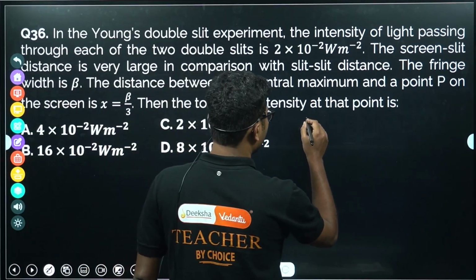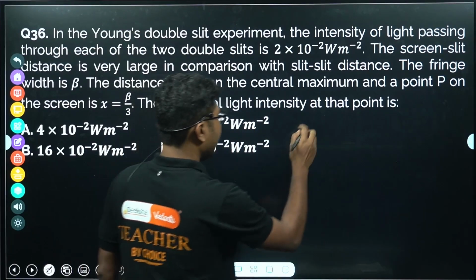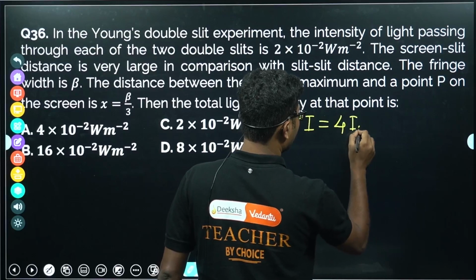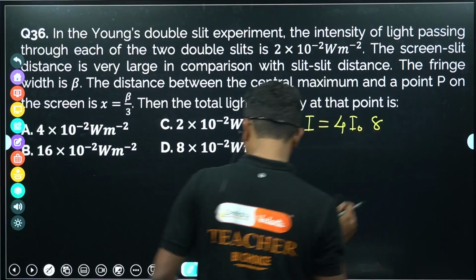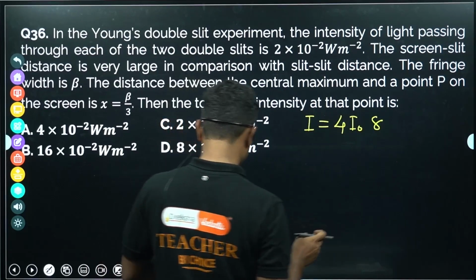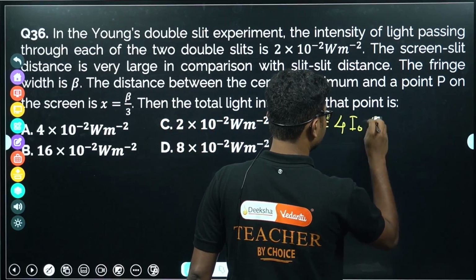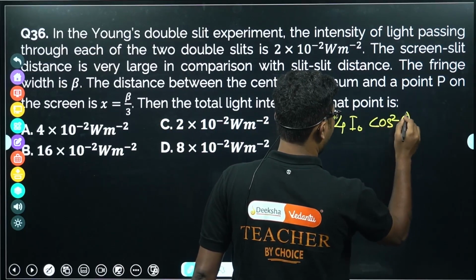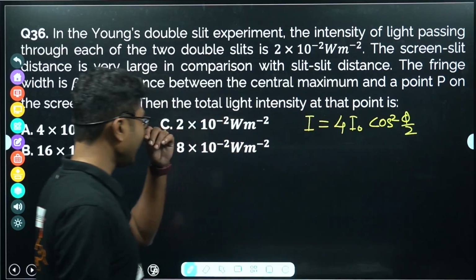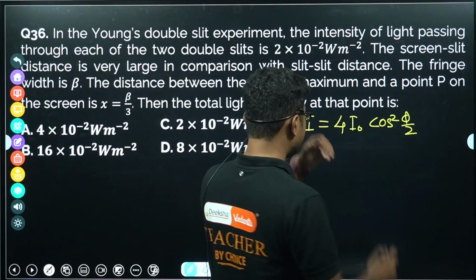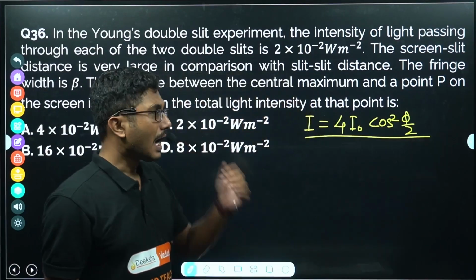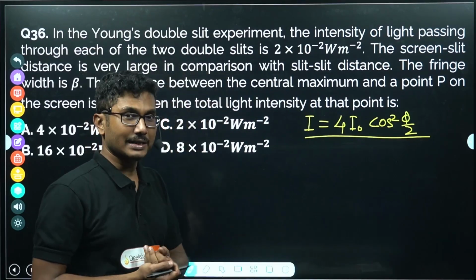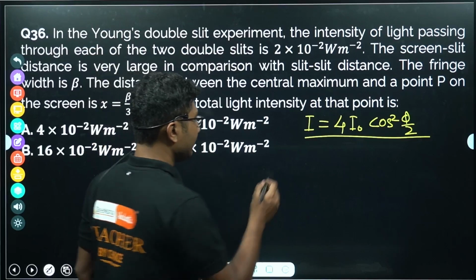We know that intensity is given by 4 I naught cos square phi by 2. Okay, so this is the formula that we are going to use. This formula is there in your syllabus, but how the phi is related to fringe width beta, that is no longer there in your syllabus, but I am going to solve it.